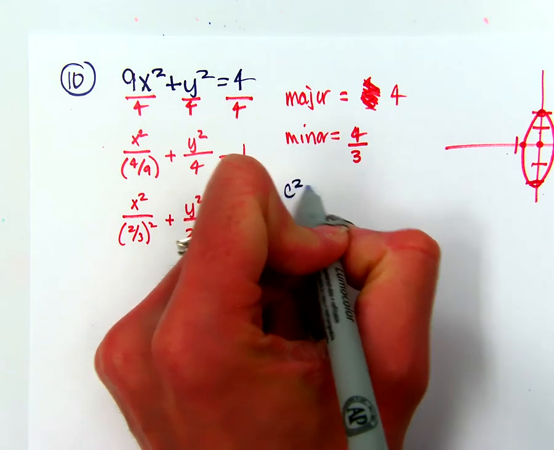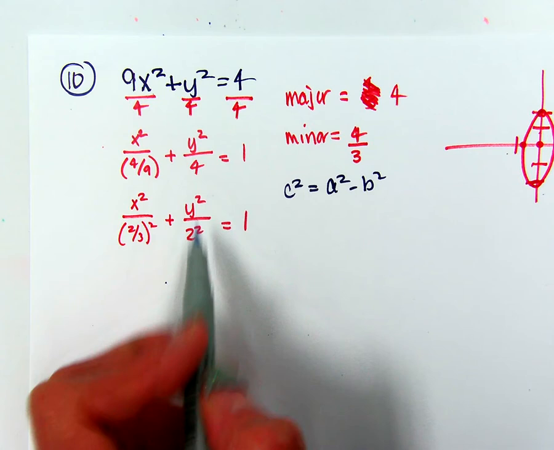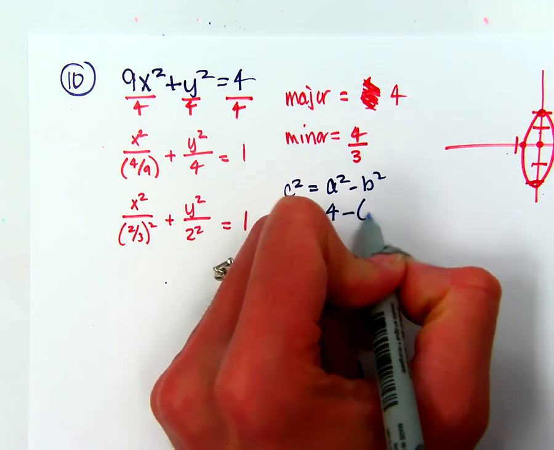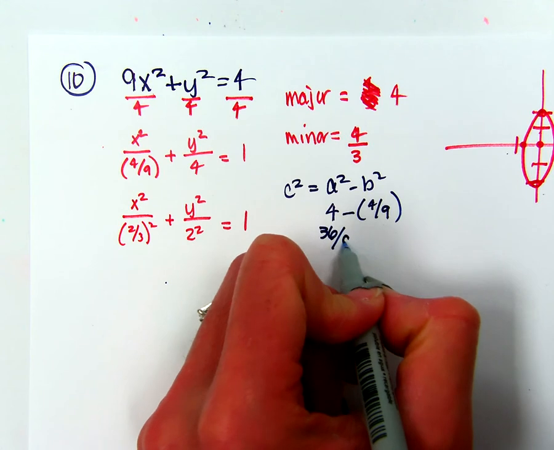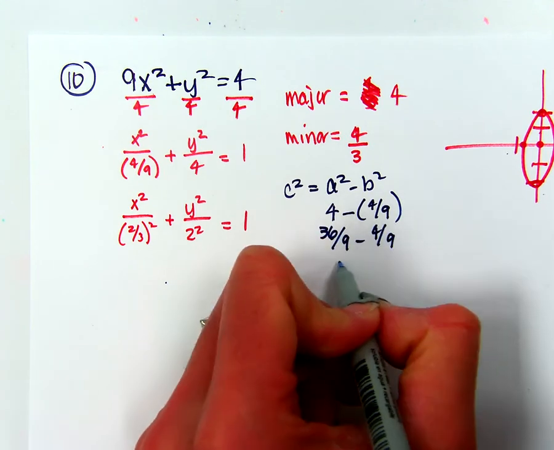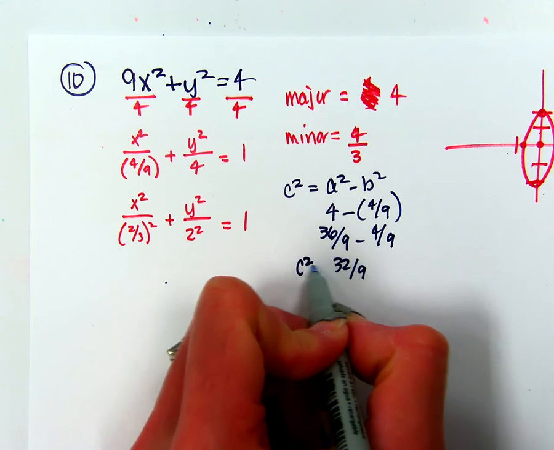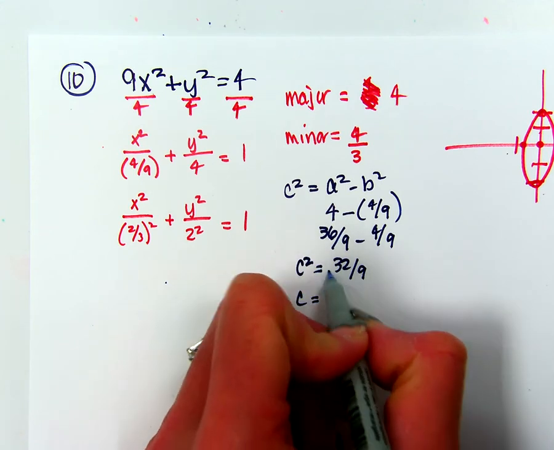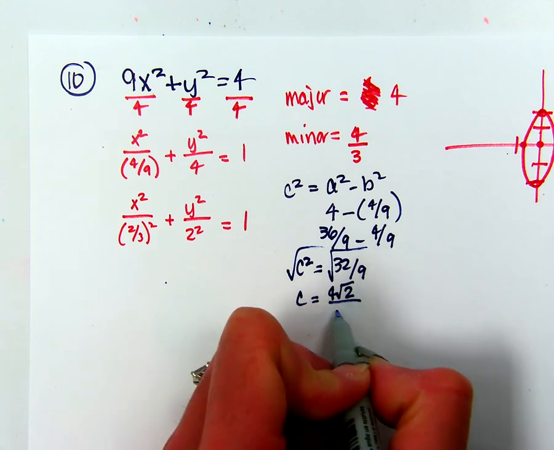So c squared equals a squared minus b squared, where a squared is 4, minus 4/9, which is 36 over 9 minus 4/9, which is 32 over 9. And if I want c, I have to square root that. So this will be 4 root 2 over 3.